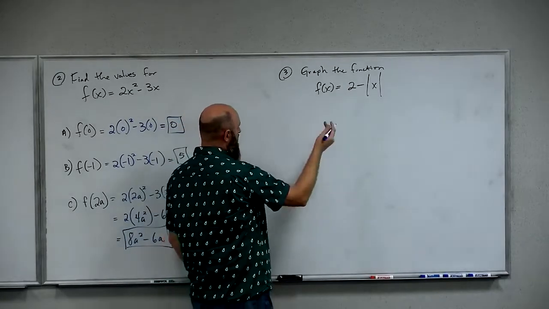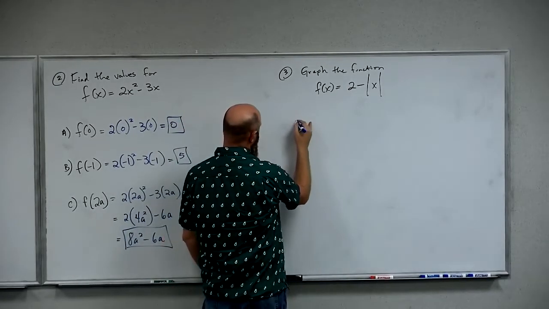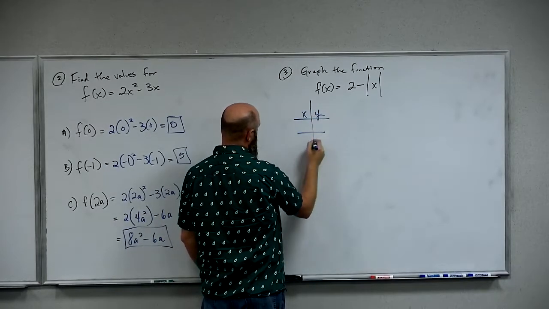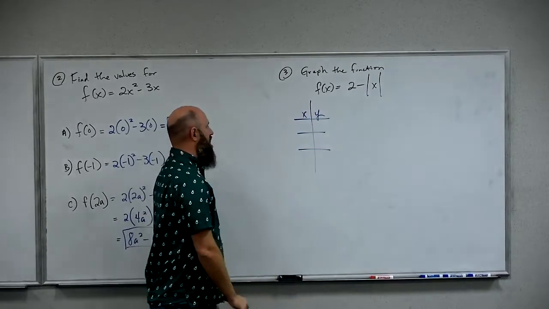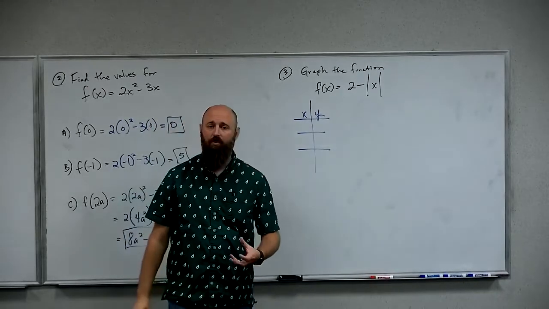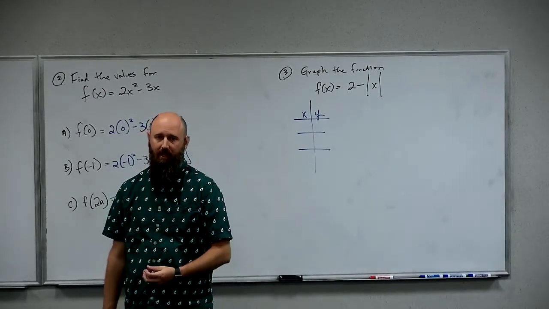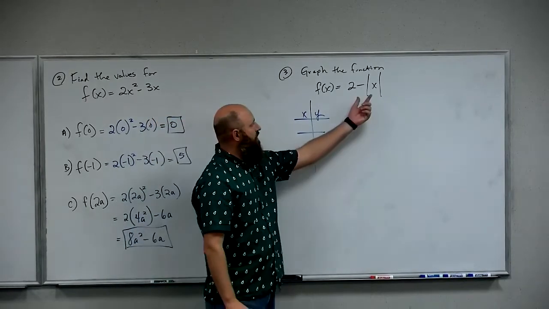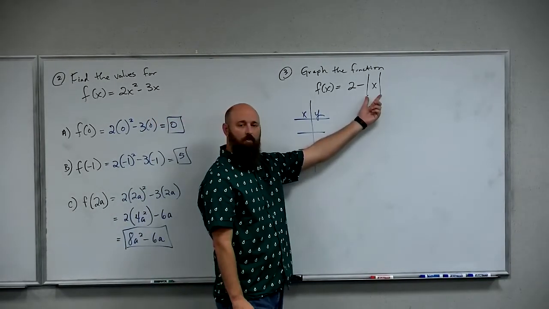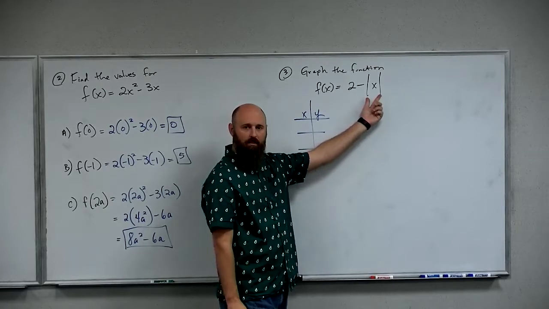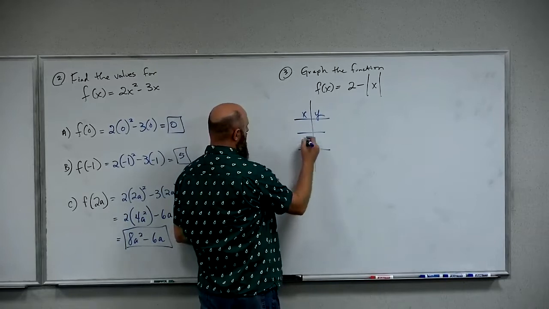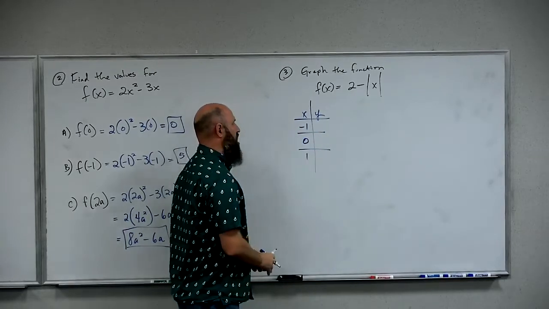All right, so we learned in 2.1 that we're just going to do a table of values, x and y. And we saw with absolute value, inside the absolute value, if we have anything added or subtracted, we need to be careful. So here we look inside our absolute value, but there's nothing added or subtracted, which is good. So that means that I can use 0, -1, and +1.